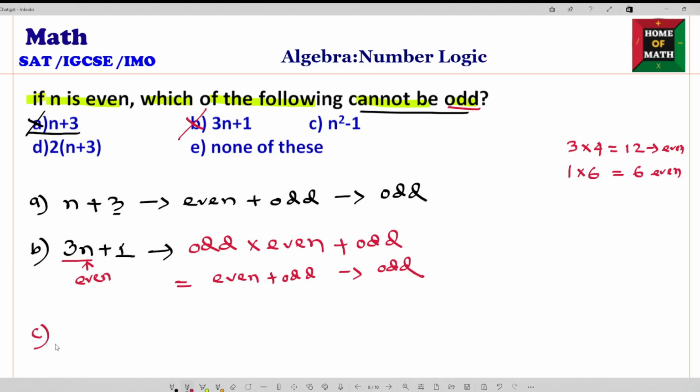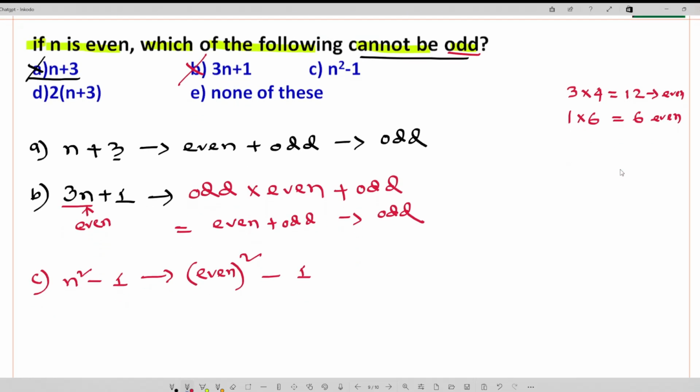Option C, n square minus 1. n is an even number, right? So even square minus 1. Even square becomes even, right? How?